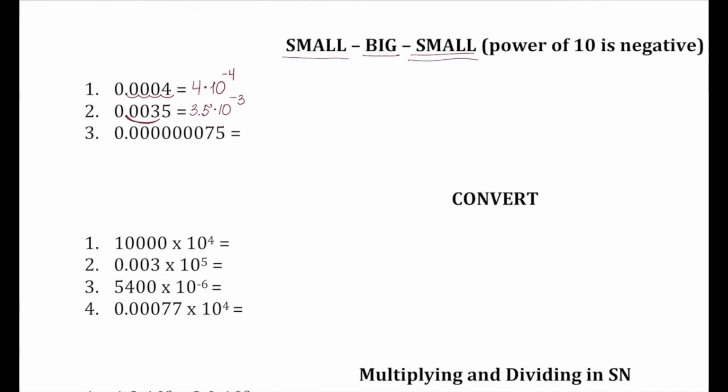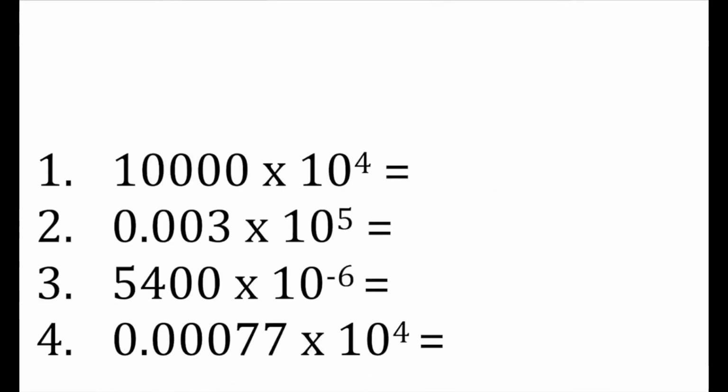Then the next example is we need to convert numbers. So what is 10,000 times 10 to the 4th? I need to write this in scientific notation. Scientific notation is 1.0 in my case, or I can just do 1. That gives me 4, and that's already a 4.